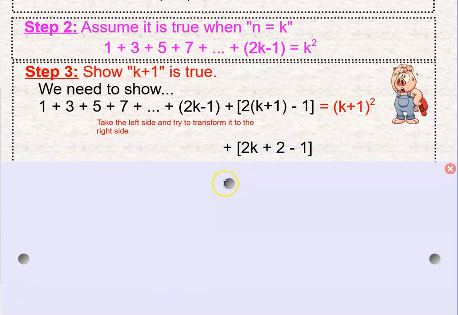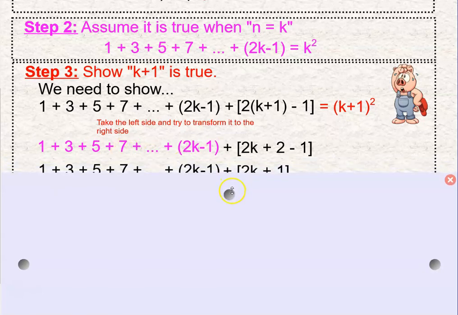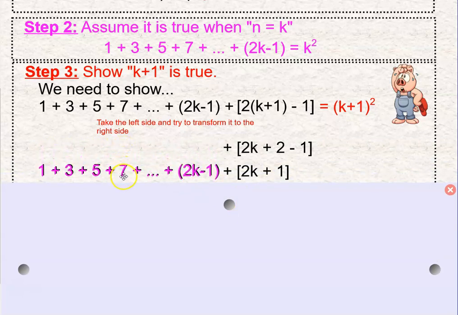Here we go. All right, wait a minute here. Whoa, what? Do you recognize this? Wait a minute. Isn't this first part of the black side just this hot pink expression here? So I could rewrite the entire left side using that hot pink expression. And what do I know about that hot pink expression? Well, this hot pink thing here, this 1 plus 3 plus 5 plus 7 plus ... plus 2k minus 1, we've already established that that's k squared, isn't it?